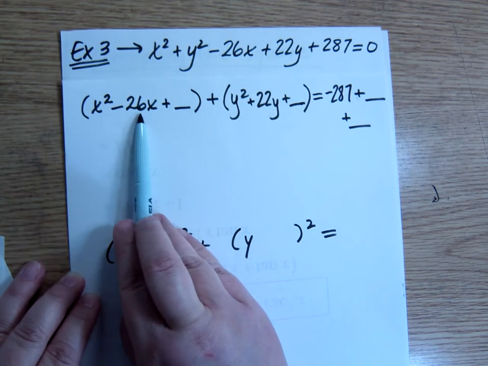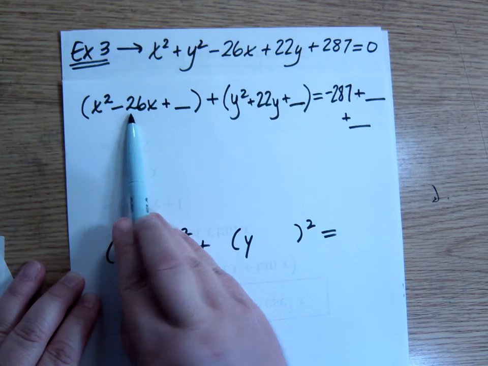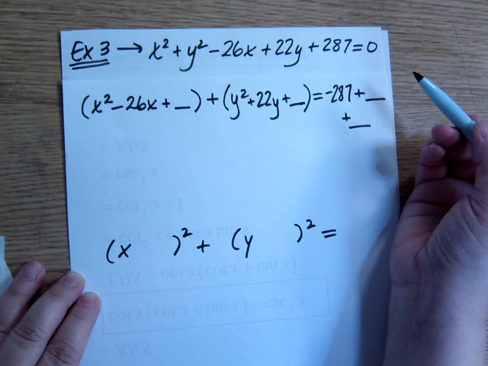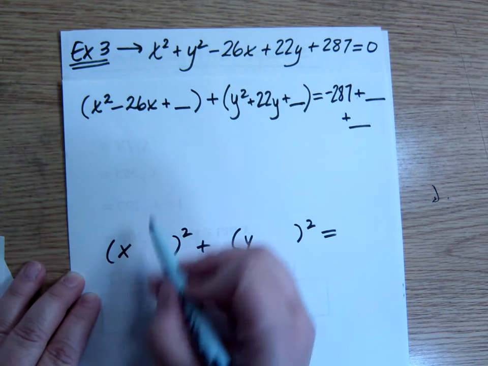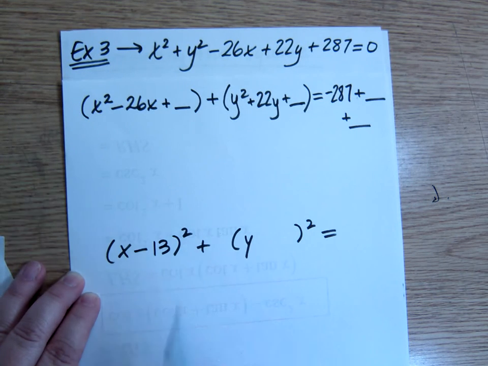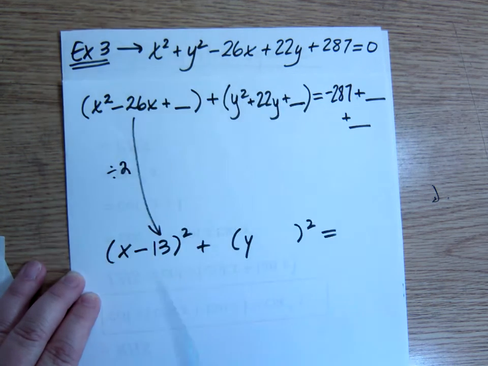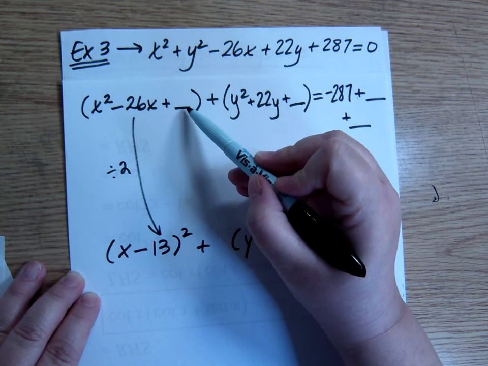So half of my b term. What's half of negative 26? Negative 13. Remember that half of the b term ends up being what goes in here. So this is divided by 2, or take half. And then what goes in here?